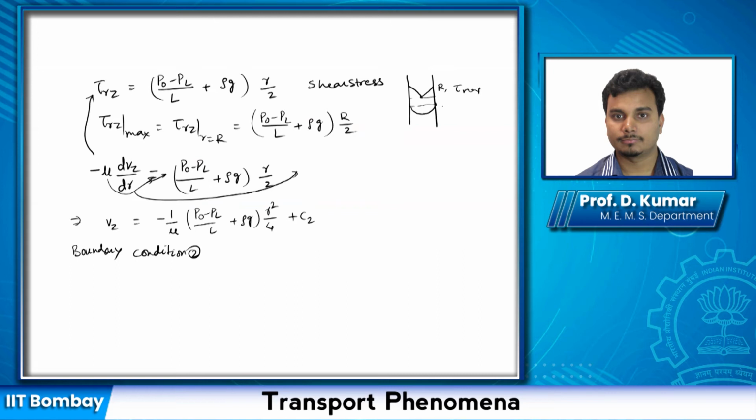So that means Vz at r equals R has to be 0 because of the no slip condition. So this becomes your boundary condition 2.